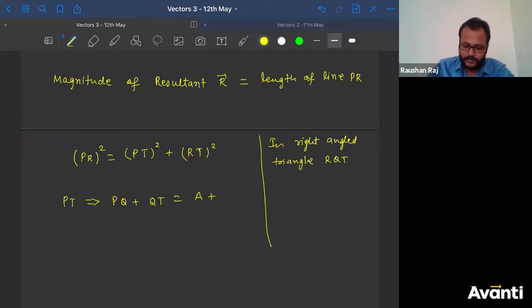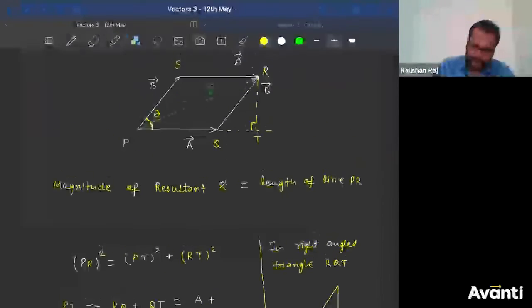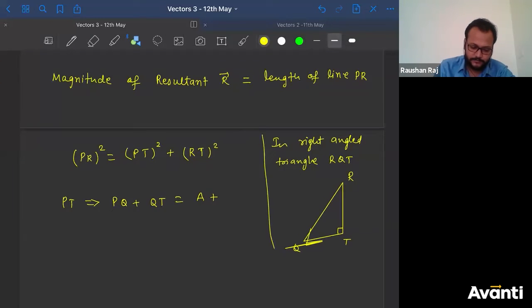The diagram will look like this. This is R, this is Q, and this is T. This got a little messy, so let me change it a bit.